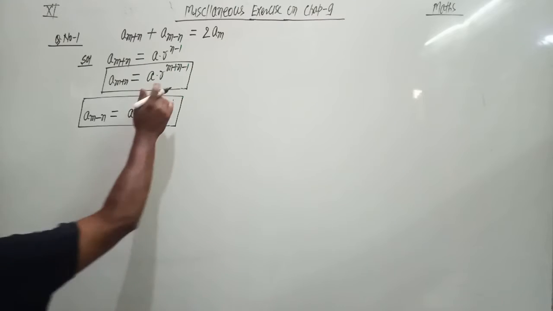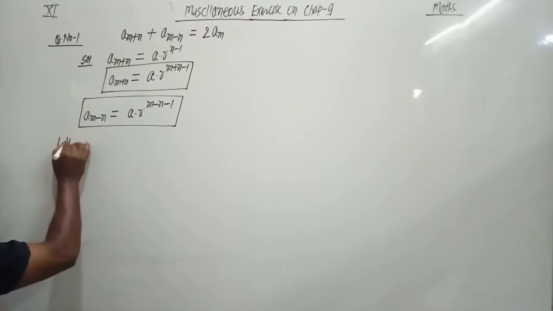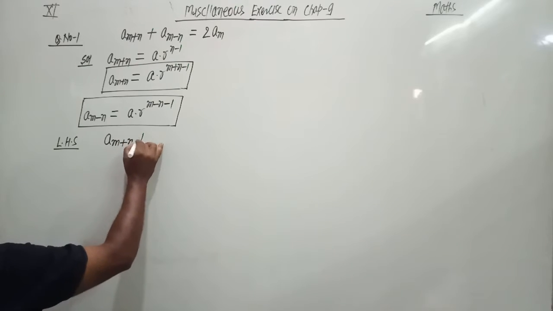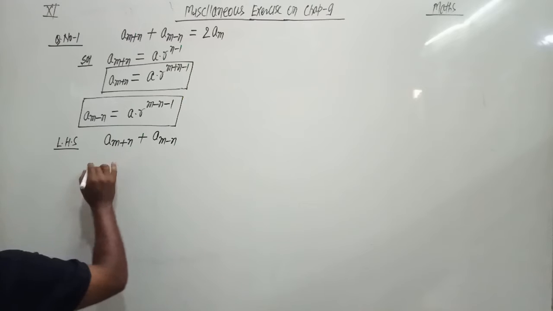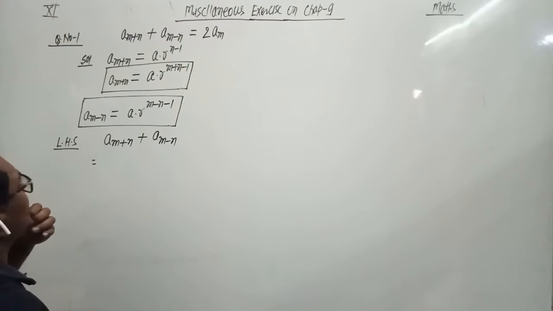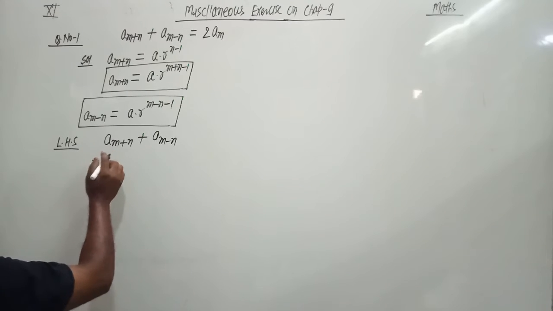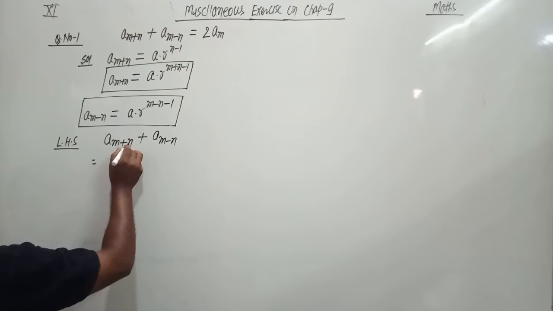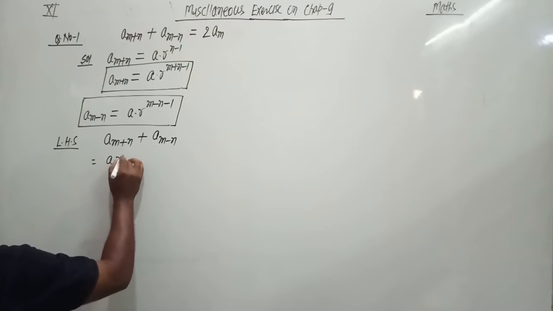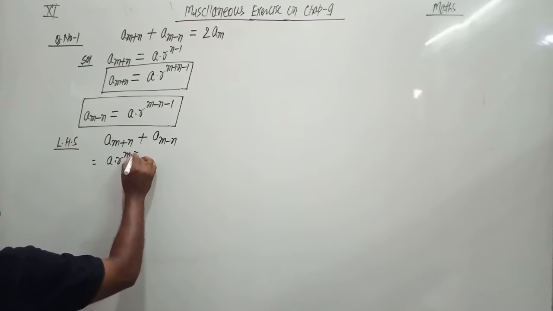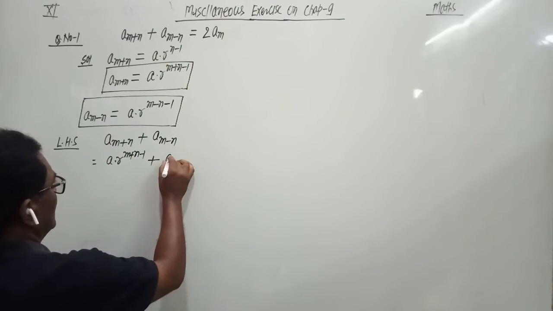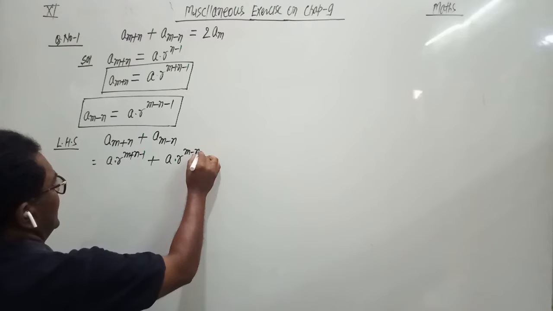Now we put the values in the LHS. The LHS which we have to prove is a m plus n plus a m minus n, and the value of a m plus n is a into r raised to the power m plus n minus 1 plus a into r raised to the power m minus n minus 1.